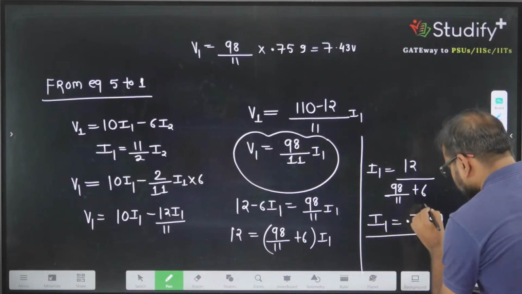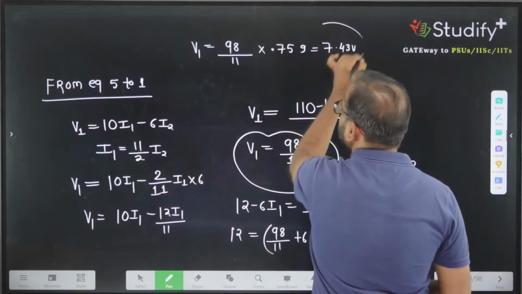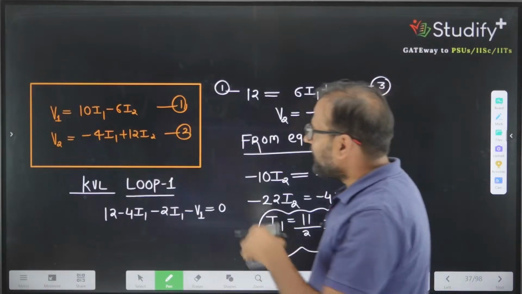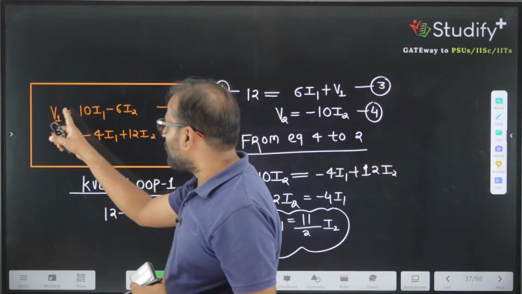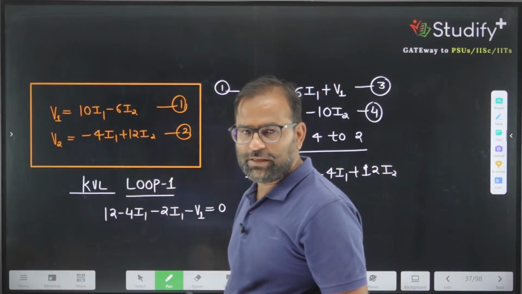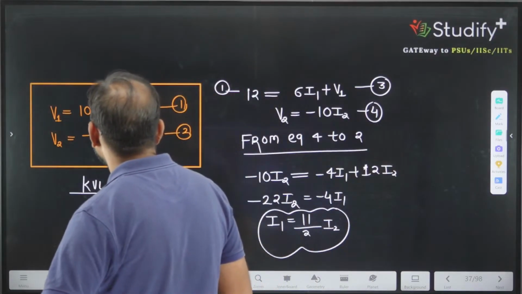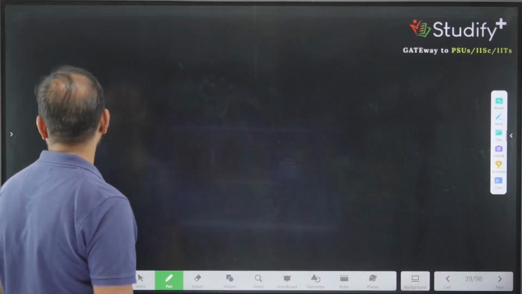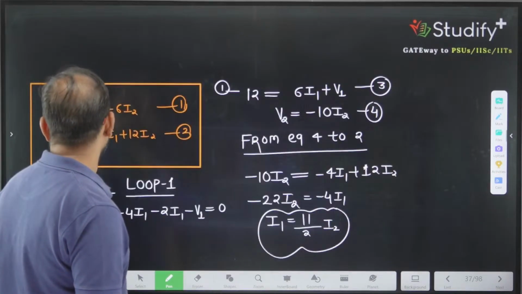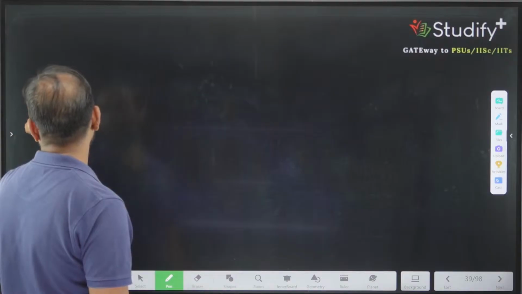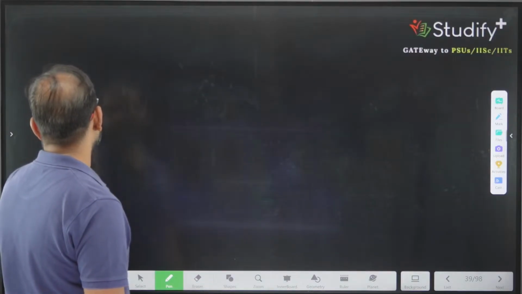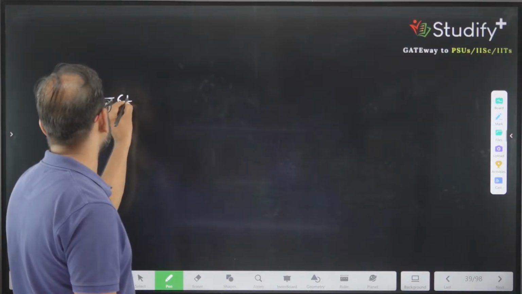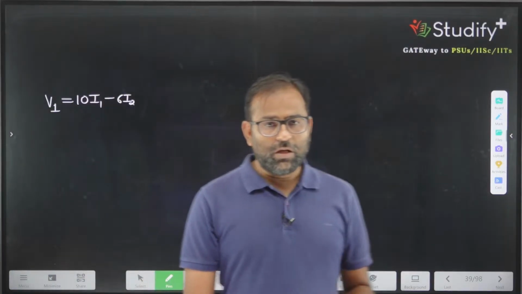Now we know the two values. The value of I1 is known and the value of V1 is known. If the values of I1 and V1 are known, we can calculate the value of V2. In this question, V1 is given as 7.43, so let's use this equation: V1 equals 10 times I1 minus 6 times I2.